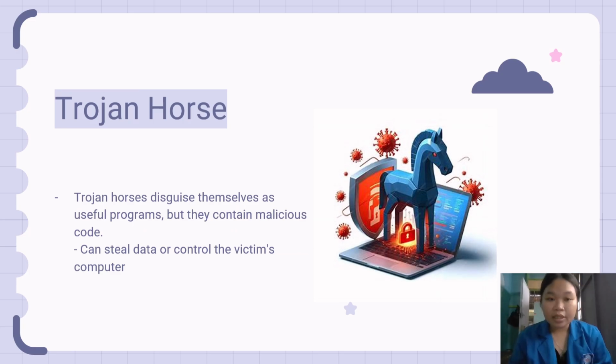Next is Trojan horse. Trojan horses disguise themselves as useful programs, but they contain malicious code. A Trojan horse or Trojan is a type of malware that masquerades as a legitimate or useful program to trick users into downloading and installing it.